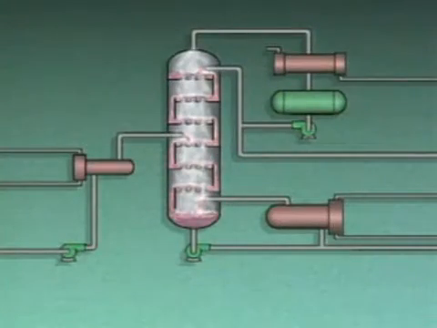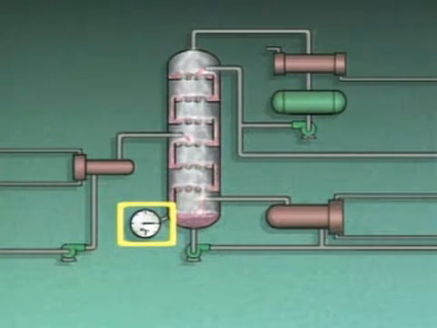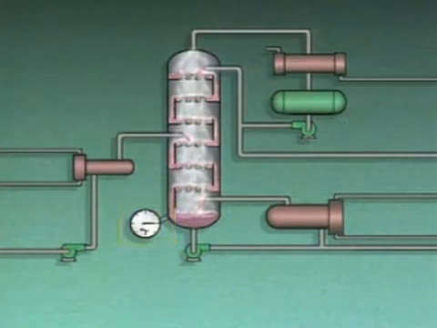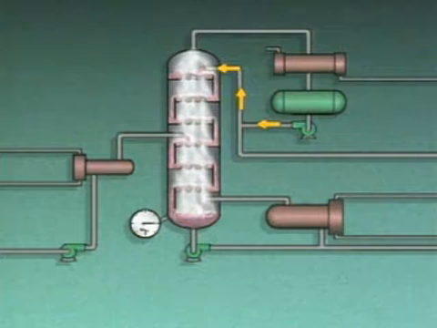One way over-fractionation can occur is when the differential temperature in a column becomes too great. For example, if the bottom temperature is higher than necessary for product separation, more hot vapor will rise up the column. To adjust for the increase in temperature, the control system will increase the reflux flow rate.